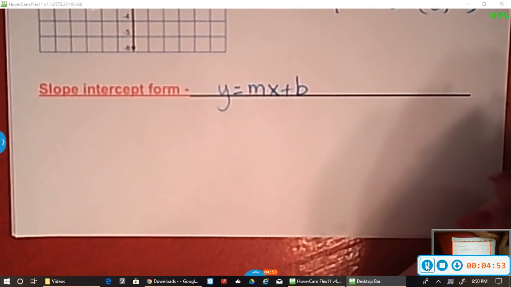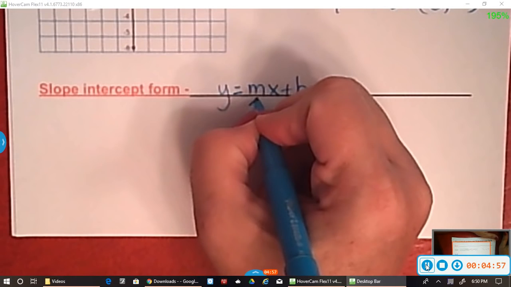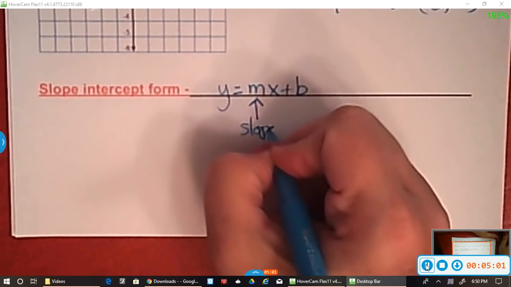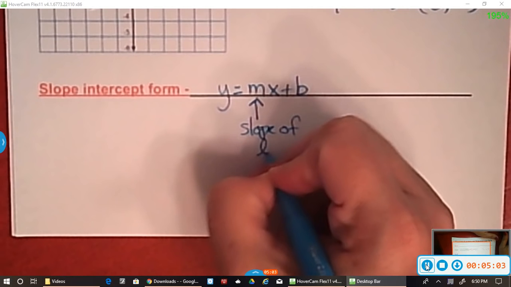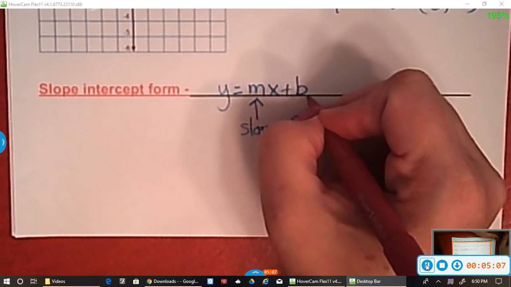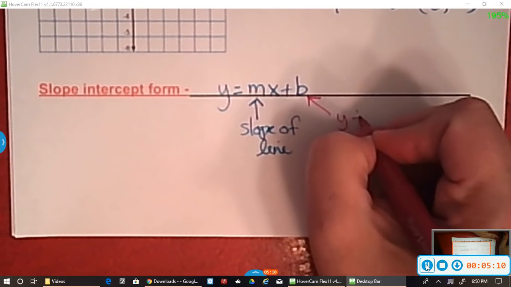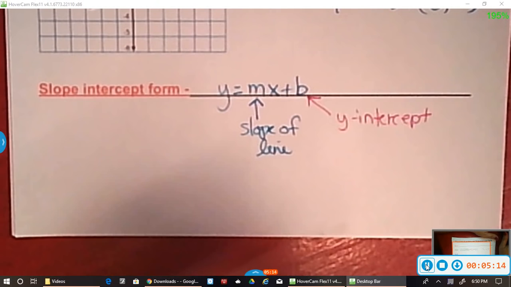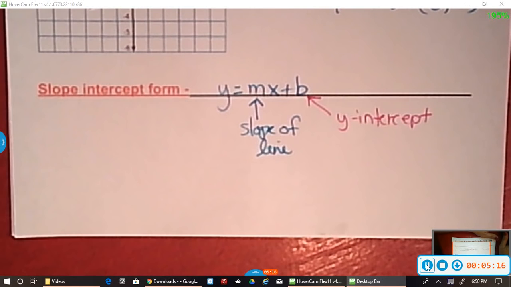The way that you can identify the slope and the y-intercept is identifying m, that is the slope of the line, and the b value tells you what your y-intercept is. Okay, pretty simple, not too bad.